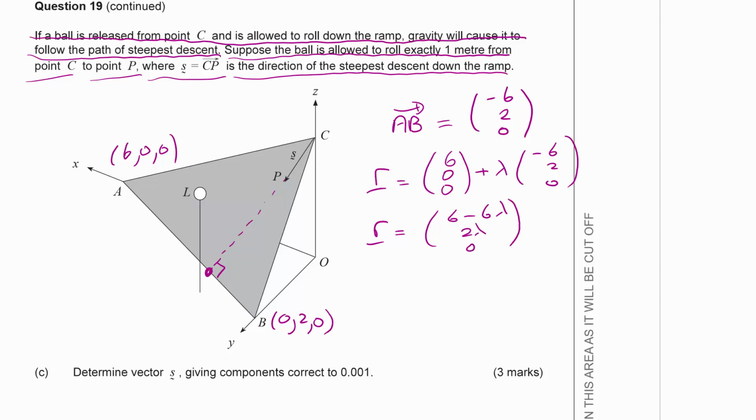So the point here, which we'll call N, has coordinates (6 minus 6 lambda, 2 lambda, 0) for some value of lambda which we want to find.